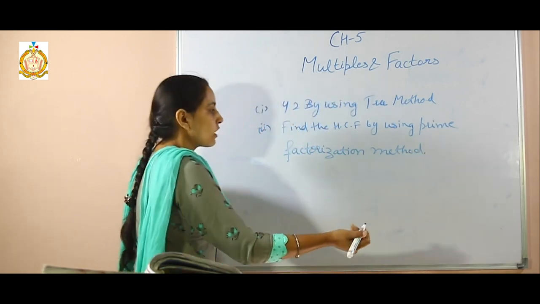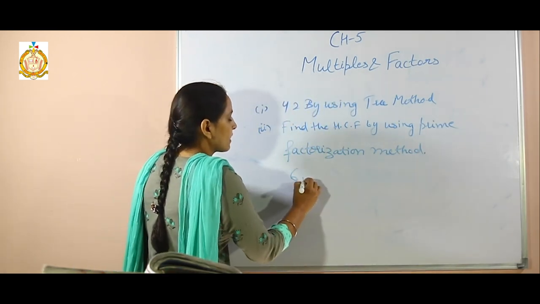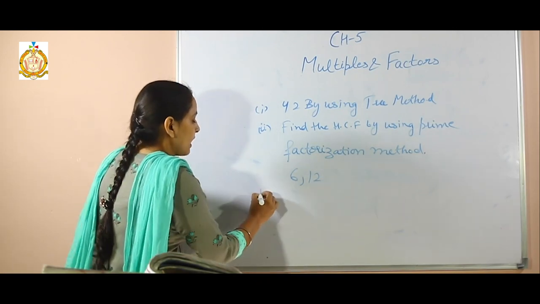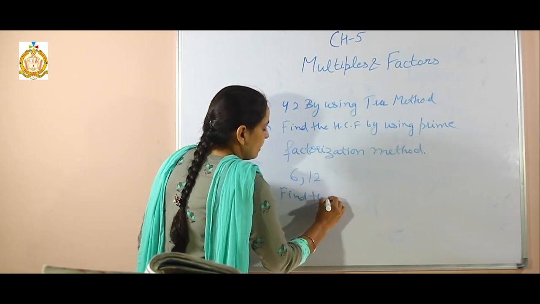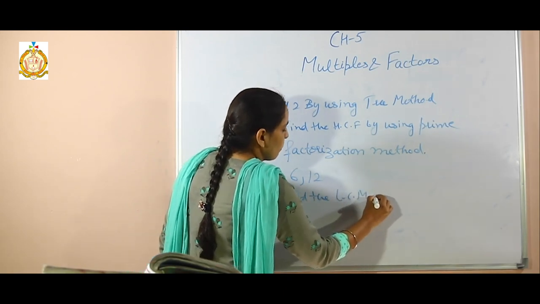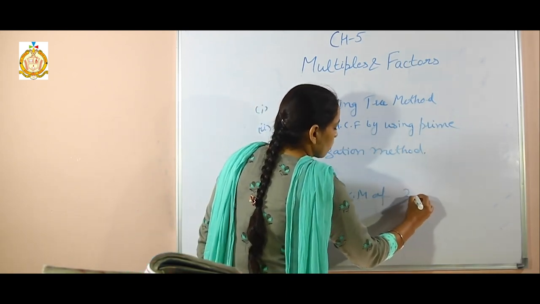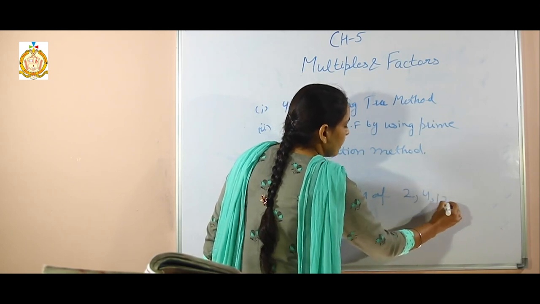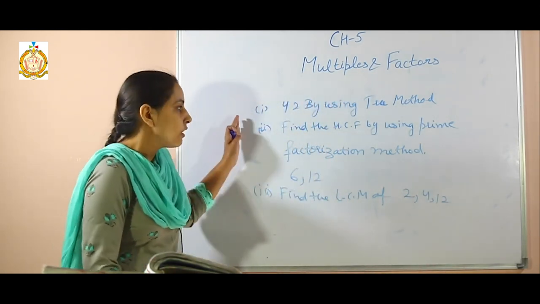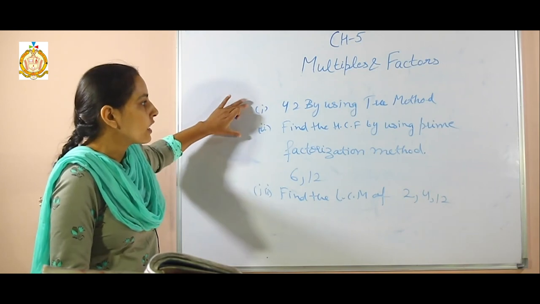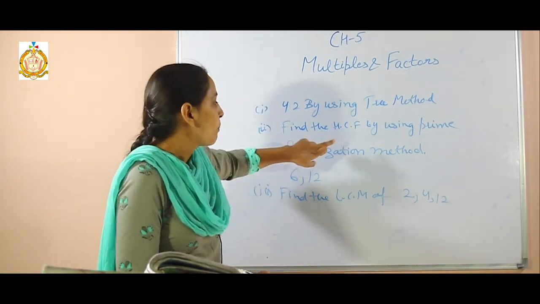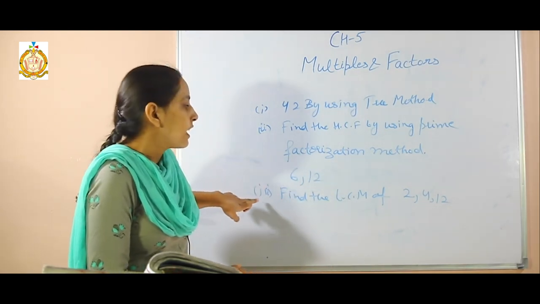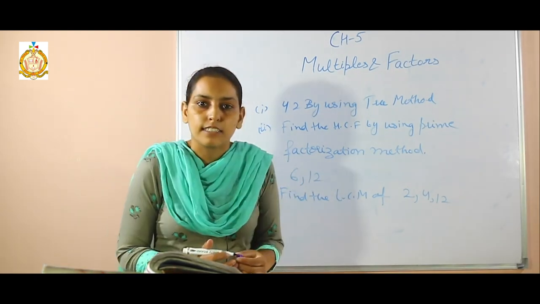You have to find the HCF of 6 and 12. Next, third, find the LCM of 2, 4 and 12. Solve these three sums. First one is by using the tree method. Second one, find the HCF by the prime factorization method. And third one is to find the LCM. Thank you.